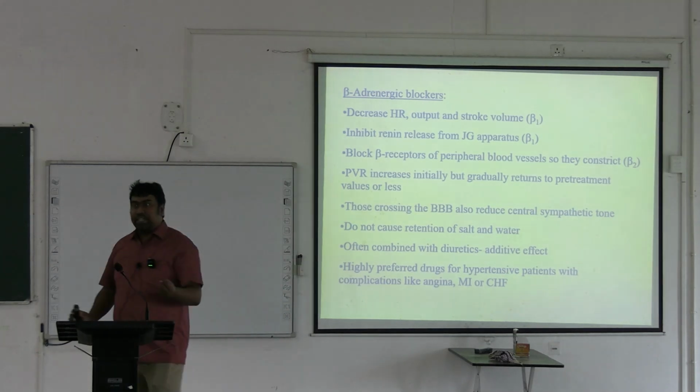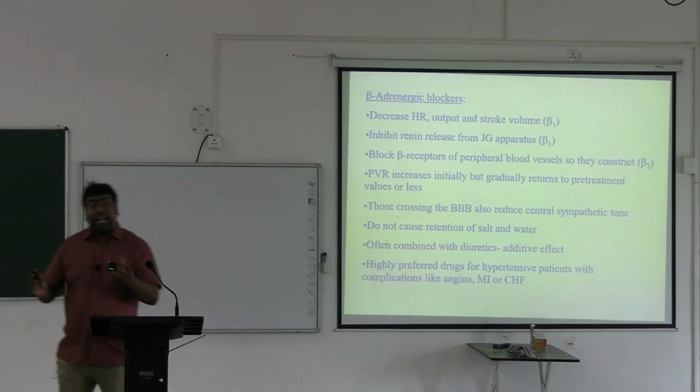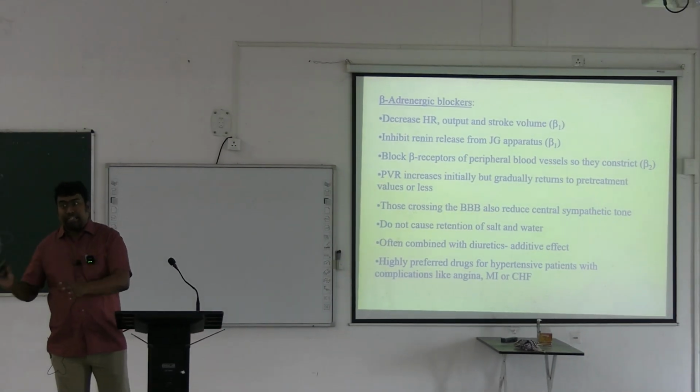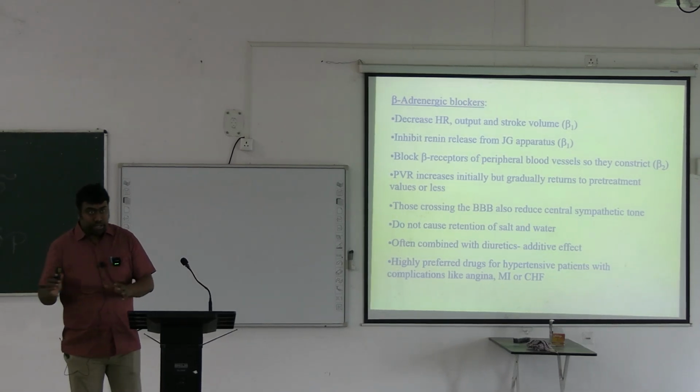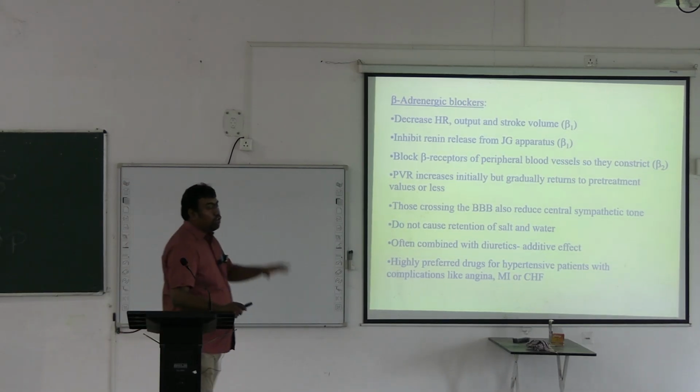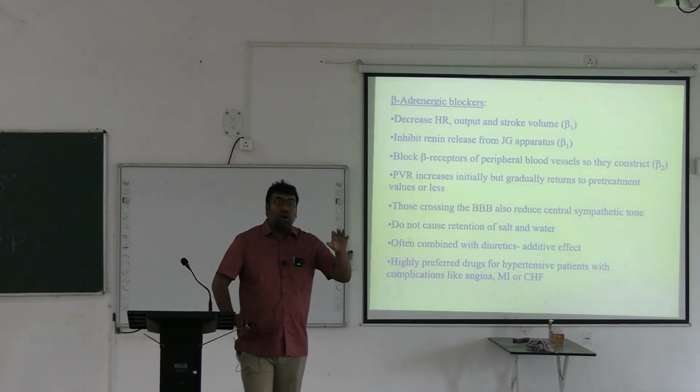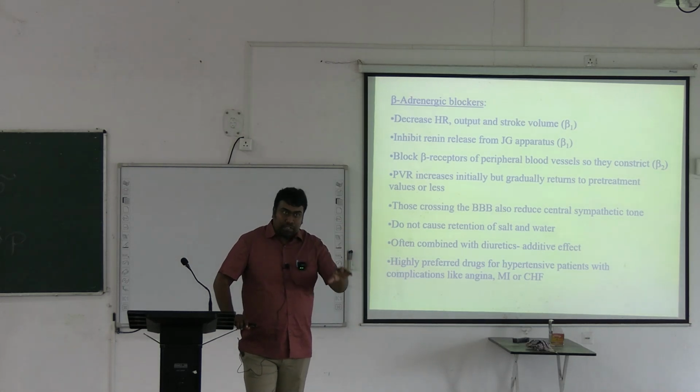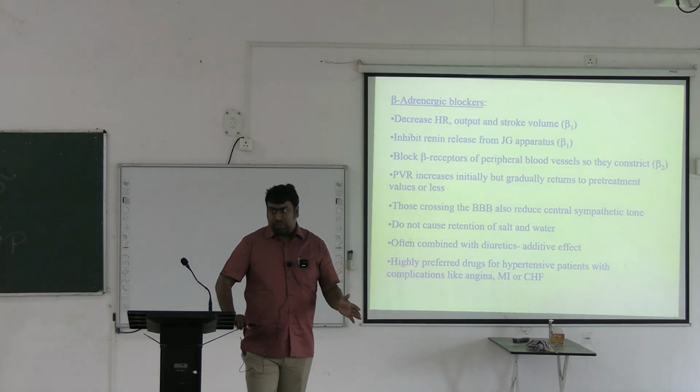As renin secretion is reduced, the RAS system is less stimulated or non-stimulated. So they also help reduce sodium and water retention, aldosterone synthesis, and ADH release. All these will be reduced. So you have to write at least 2 points.